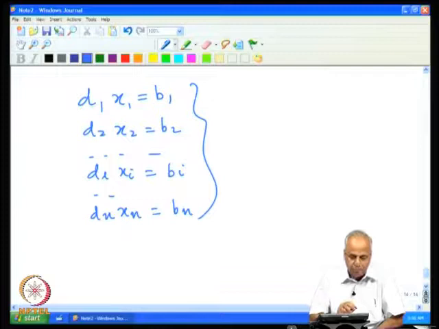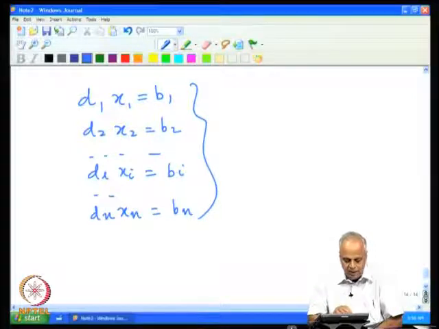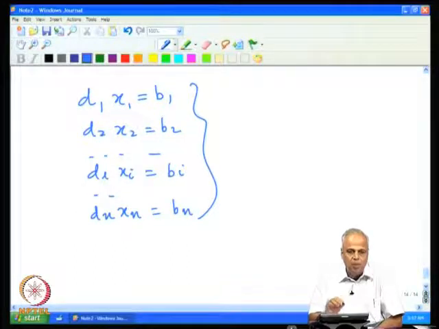Let us look at how we would go about solving it. If you want to solve the ith equation, we would like to write xi equal to bi by di, but then we can't divide by di if di is 0. So the equations where the di's are 0 are going to be problematic. So let us separate this out.